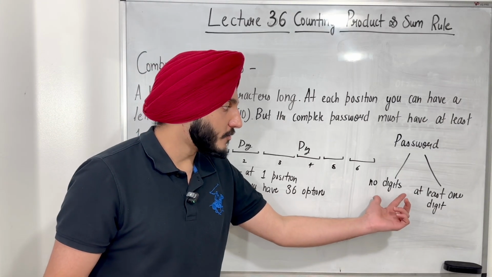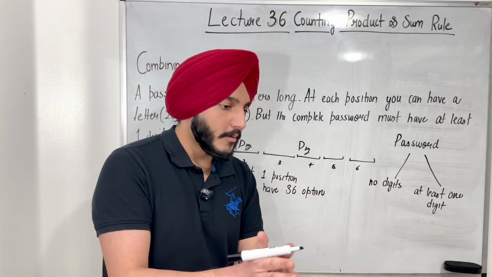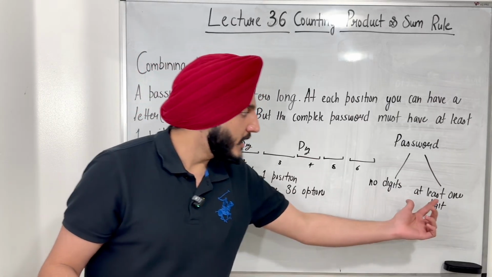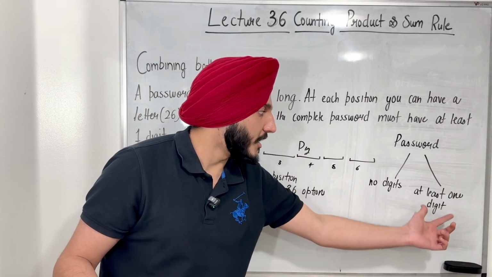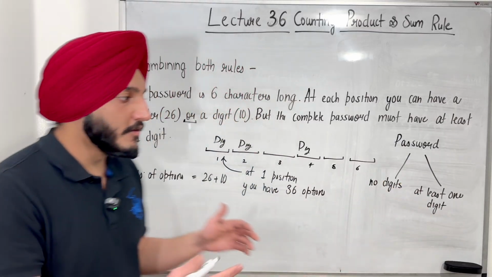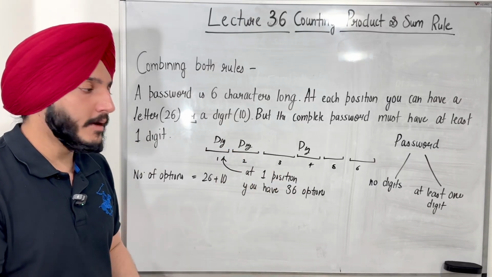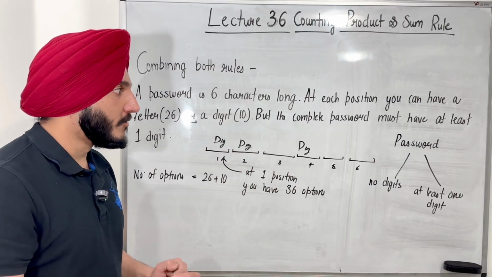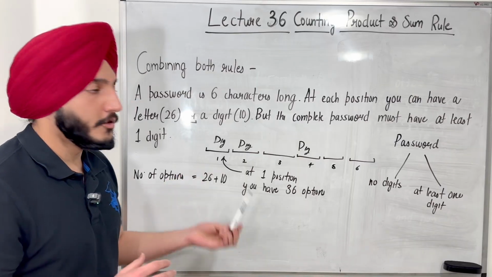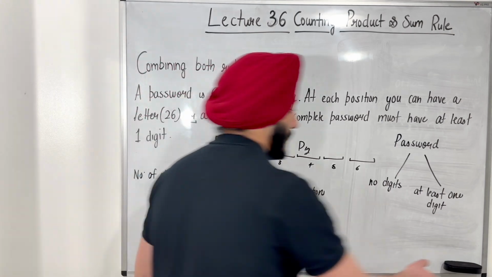One is the type of passwords that have no digits at all, and the other part would be the passwords that have at least one digit. If we combine all these together, that would give us the total number of passwords that are possible, right? Okay, so you guys can try to pause the video and try to understand what the solution would be. Okay, let me try to explain the answer now.